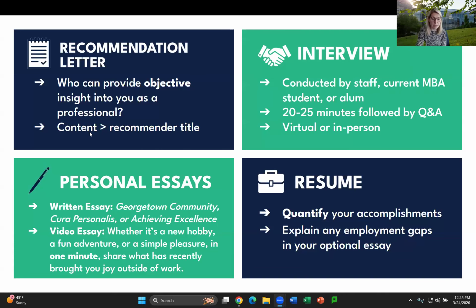And then lastly, on this section is the interview. So the interview is by invite only, meaning our process for admissions review. We receive your application and then we will process your application, make sure that everything that we need is there. So it's a complete application, nothing's blurry or your name is missing on a transcript, whatever it may be.